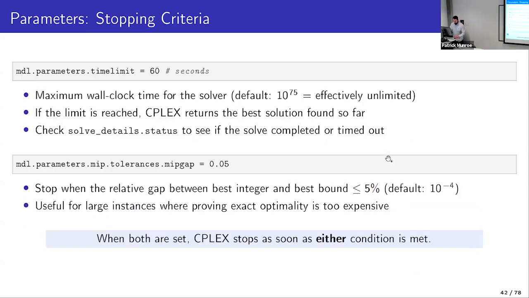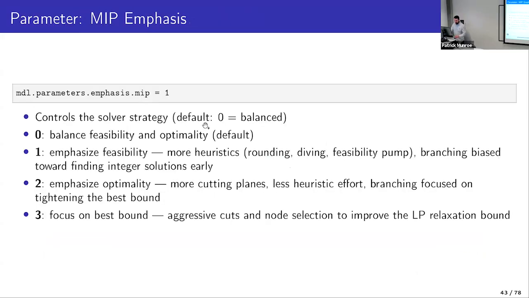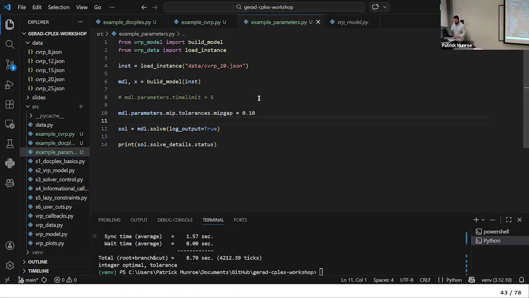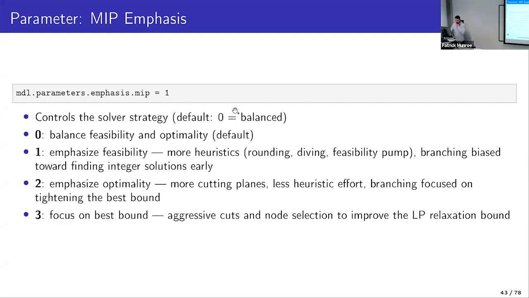Okay, so I think that the stopping criteria are very important to know because usually you may want to fix the gap yourself. Another one that is interesting is the emphasis that I talked to you about.